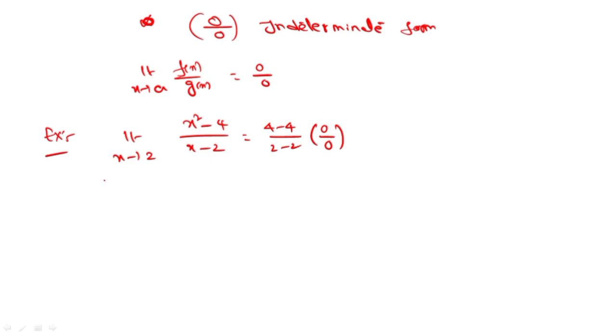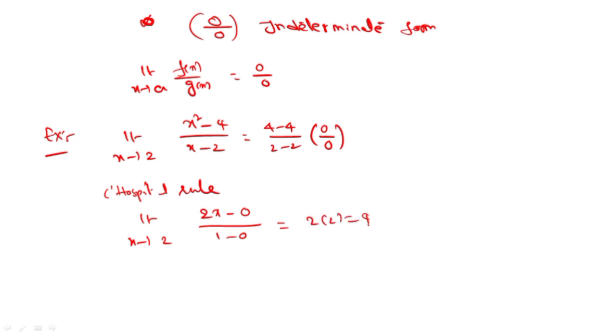So using L'Hopital rule, we can write the derivative of the numerator by the derivative of the denominator, and substituting x value 2 into 2x, this will be 4. So that is our limit. Or you can go by another process.